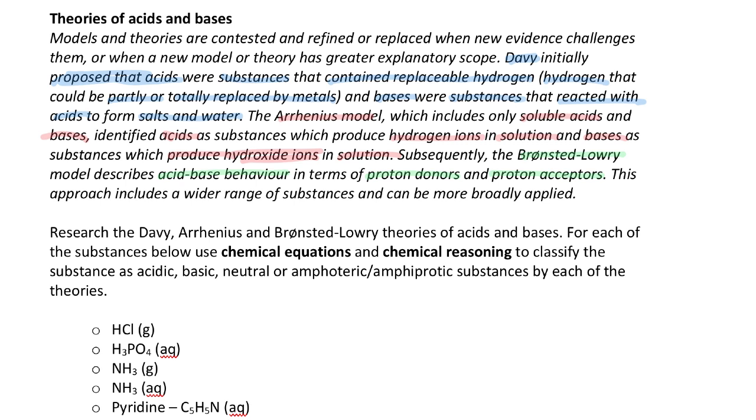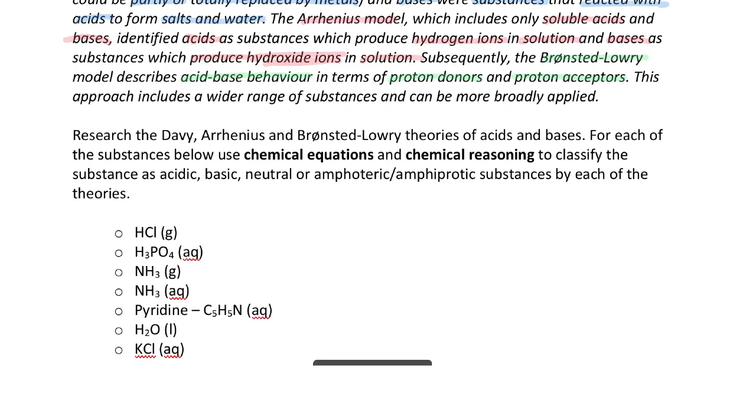So these are our six definitions of acids and bases, depending on which type of model you've got. This question is asking in the extended response, you're supposed to do a little bit of research on these. For each of the substances below, use chemical equations and chemical reasoning to classify the substances as acidic, basic, neutral, or amphoteric, amphiprotic.